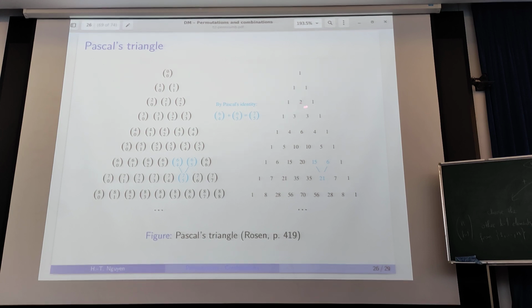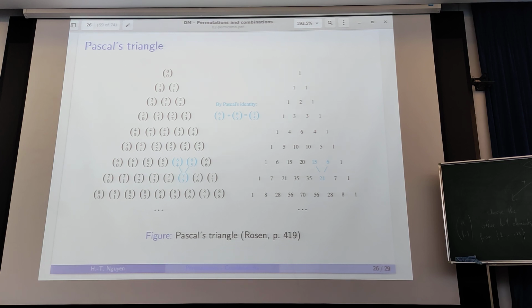And here once you have the second row, the row corresponding to n equal 2, you have 1 on the left and 1 on the right, and in the middle you have 1 plus 2, that gives you 3, and 2 plus 1, that gives you 3. So here similarly, once you have row 3, you get 1 plus 3, 3 plus 3, 3 plus 1, and so on.